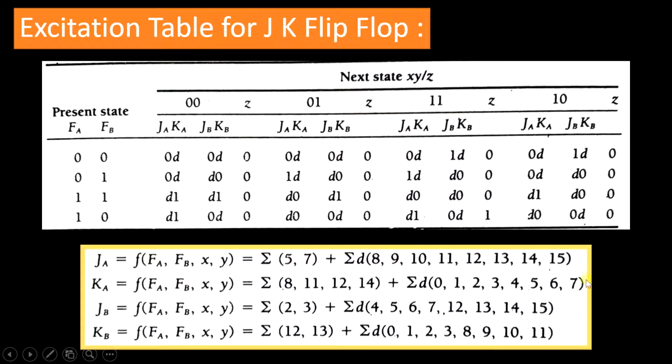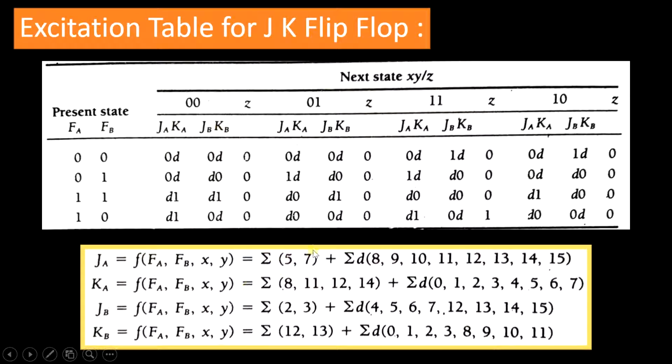Now when you write the expressions or the equations for the excitation table, you need to look at where the min term and the don't care term for JA, KA, JB, KB are in the excitation table. So you need to look for the min terms and the don't care terms for JA, KA, JB, KB.